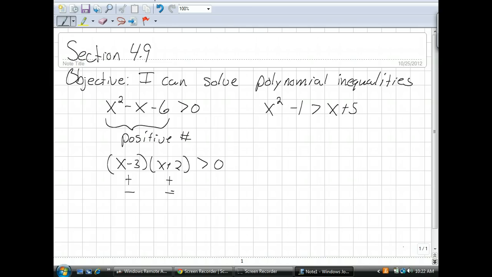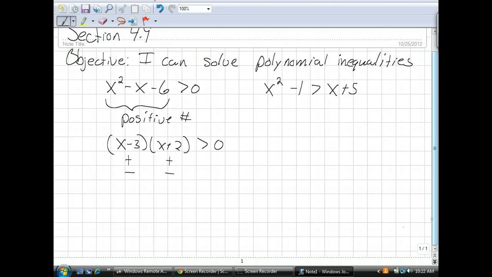So in order to solve these, we are going to have to determine where these values have the same sign. And in order to do that, we're going to use number lines. So the key to these is that if we want a times b to be greater than 0, then both a and b are the same sign.